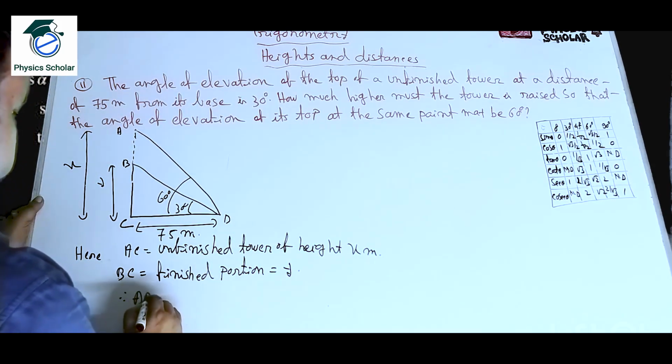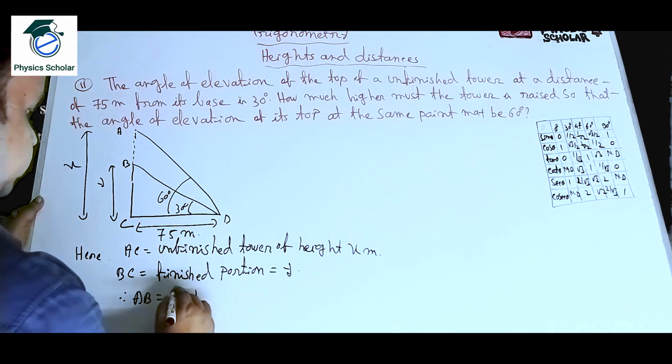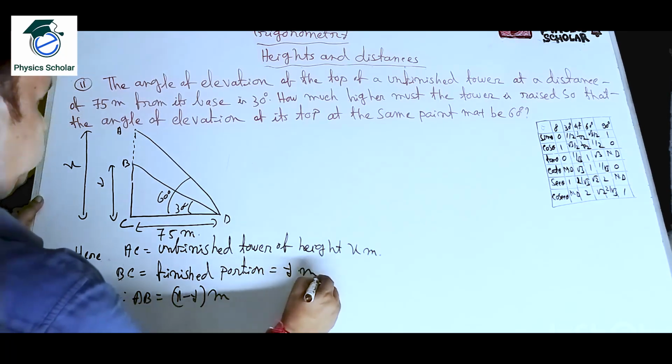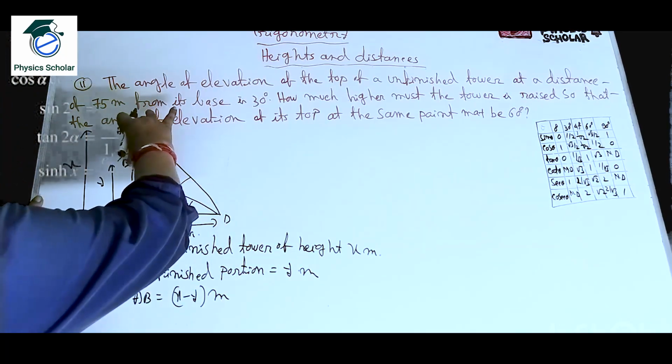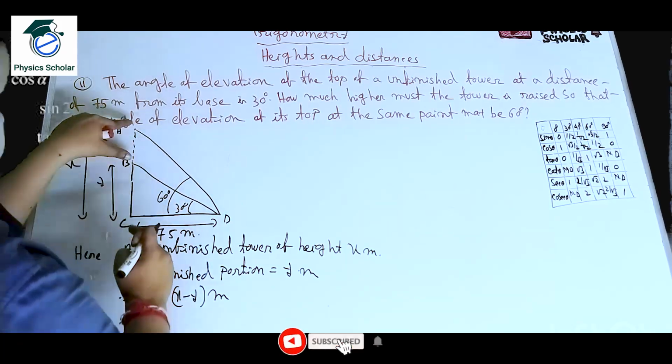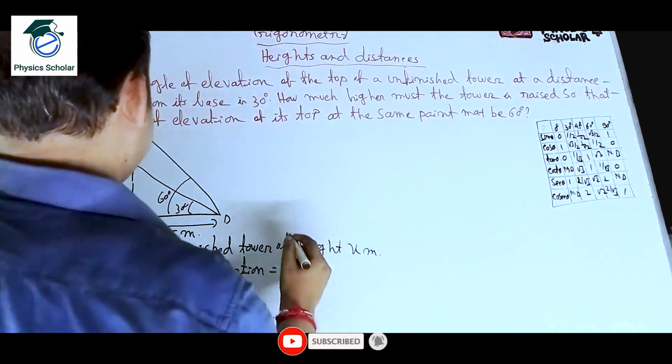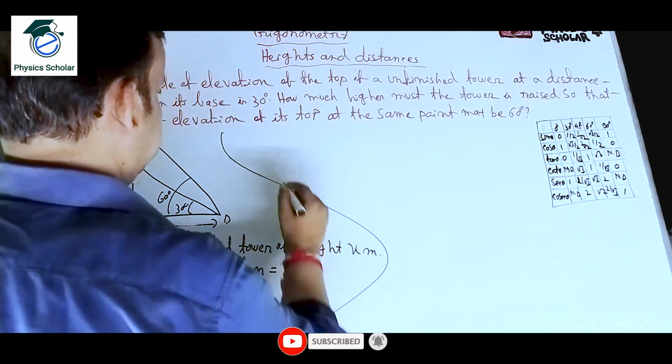So AB is equal to x minus y, clear. So this portion will be x minus y, this will be the height, clear.